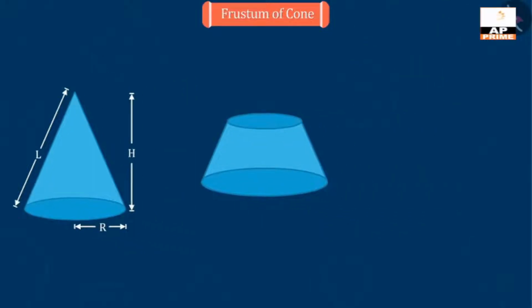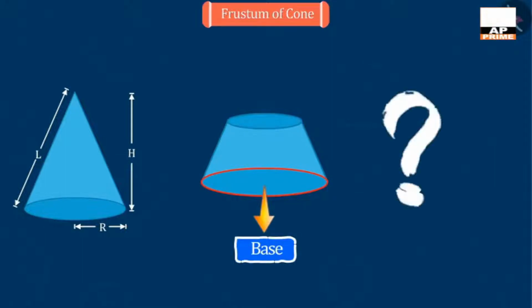You can see that the frustum has two circular ends. Its lower end is called the base of the shape. Can you tell the radius of this base?